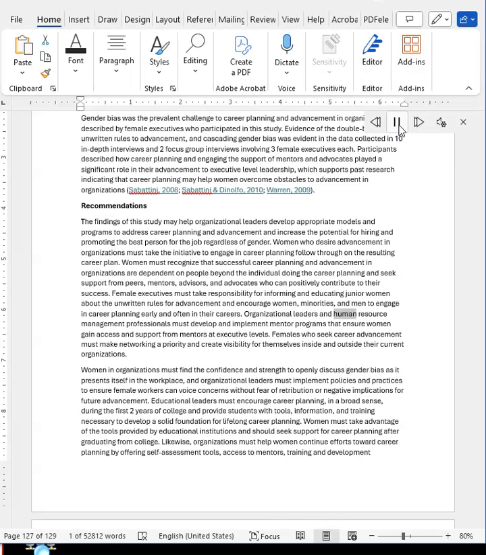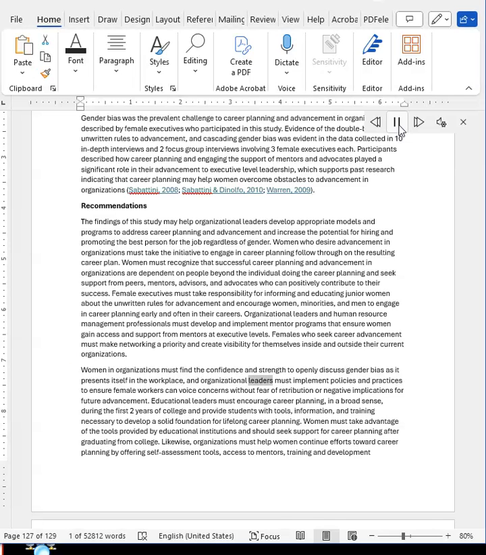Organizational leaders and human resource management professionals must develop and implement mentor programs that ensure women gain access and support from mentors at executive levels. Females who seek career advancement must make networking a priority and create visibility for themselves inside and outside their current organizations. Women in organizations must find the confidence and strength to openly discuss gender bias as it presents itself in the workplace.